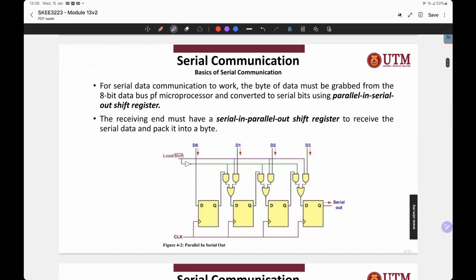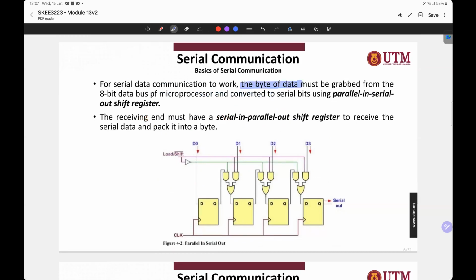Now we're going deeper into the basics of serial. For serial data communication, the byte must be grabbed from the 8-bit data bus of the microprocessor. The 8-bit data from the microprocessor needs to be converted to serial bits using a parallel-in serial-out register.